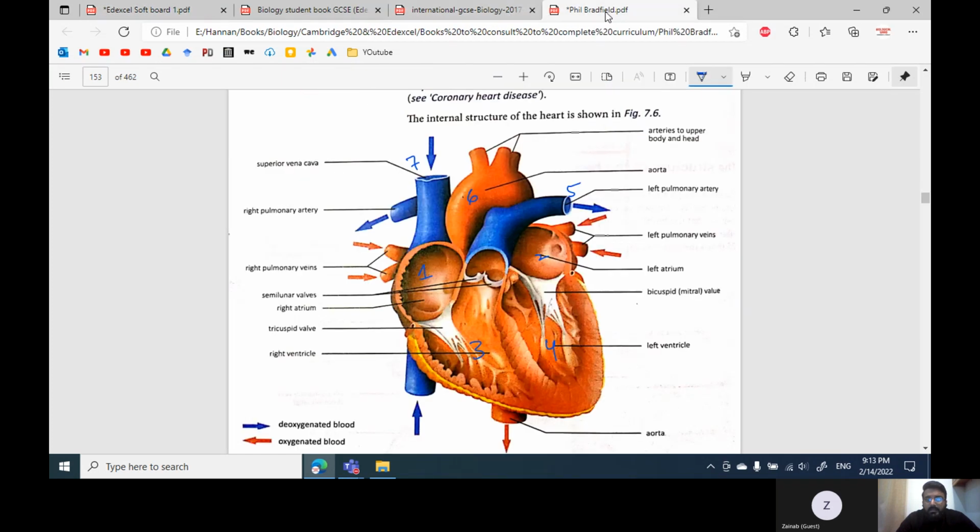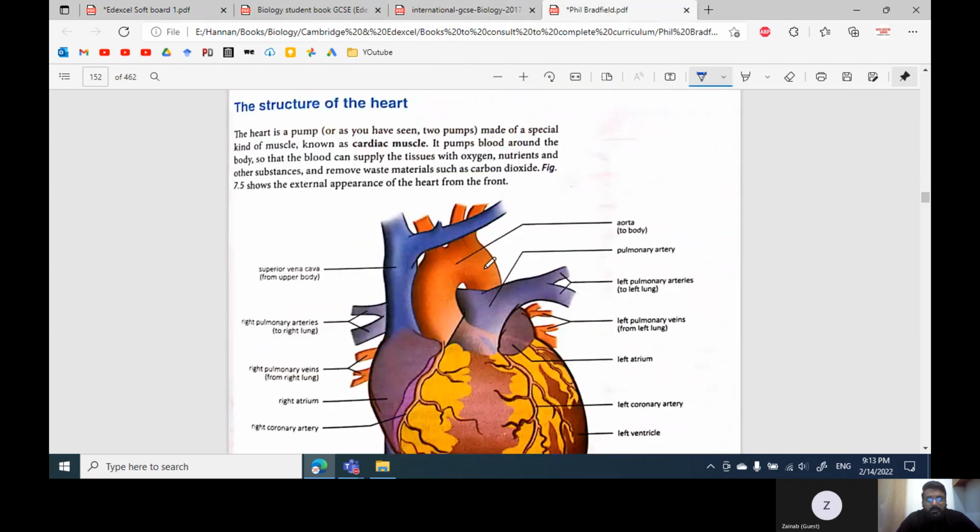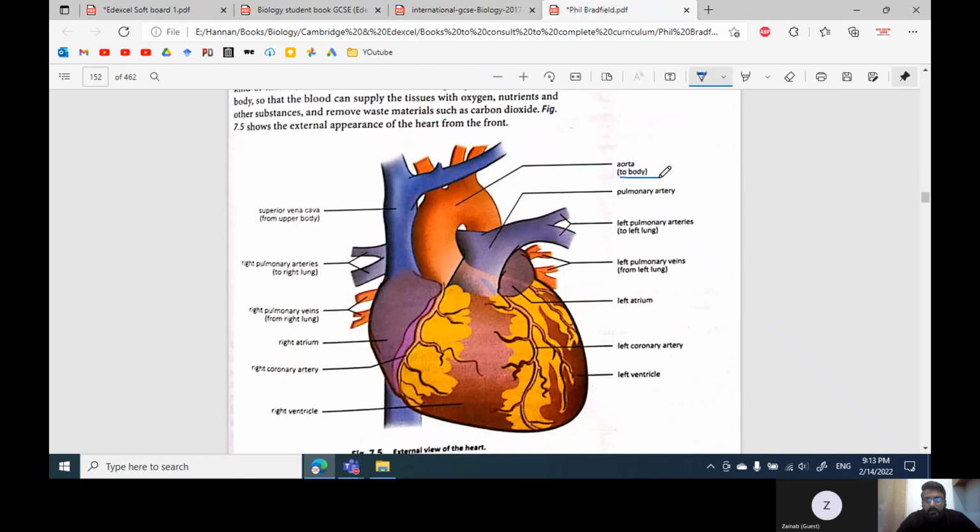The artery that divides from the aorta and enters into the heart is known as the coronary artery. One is this, this is the right one, this is the left one, but the group of these arteries is known as the coronary arteries.